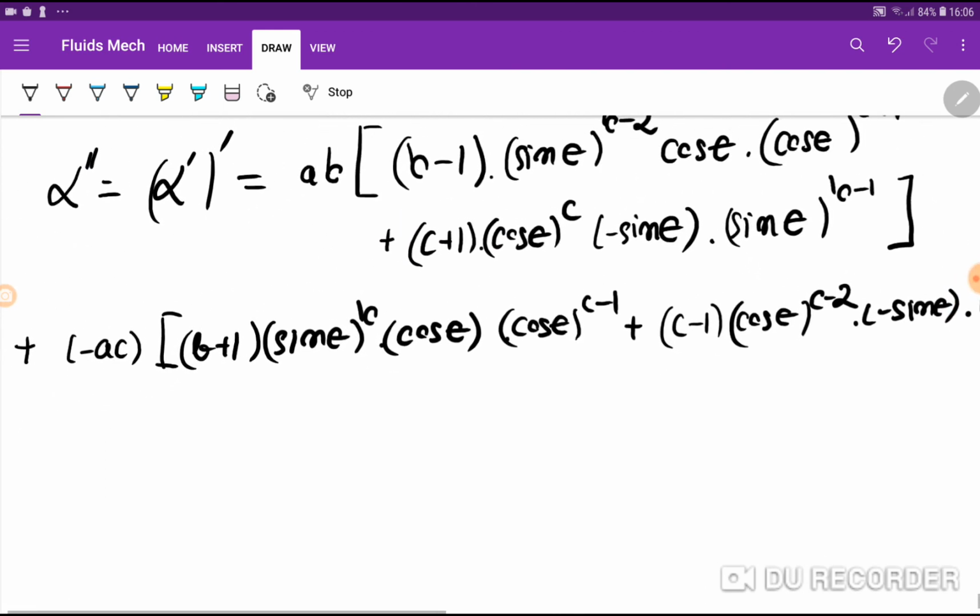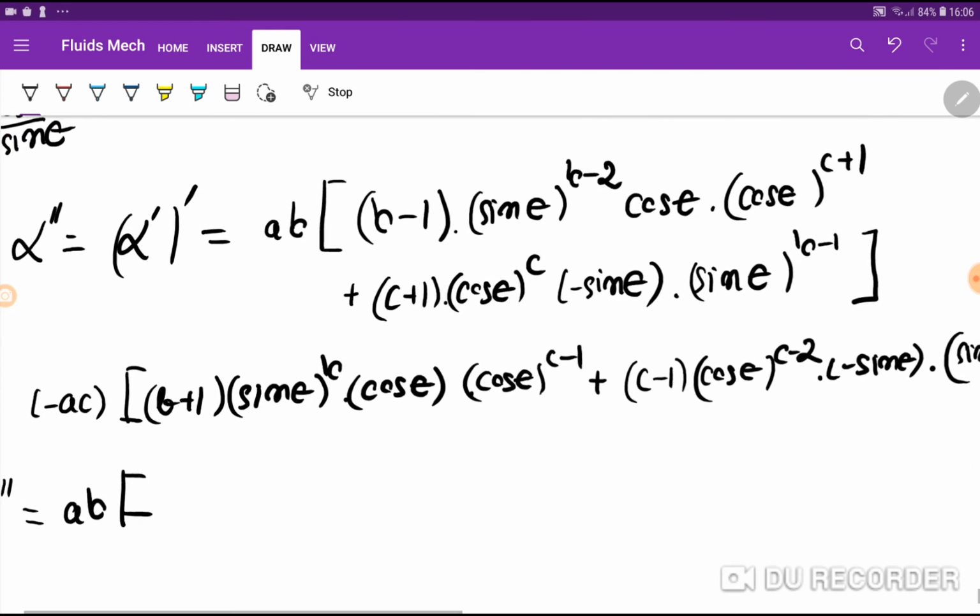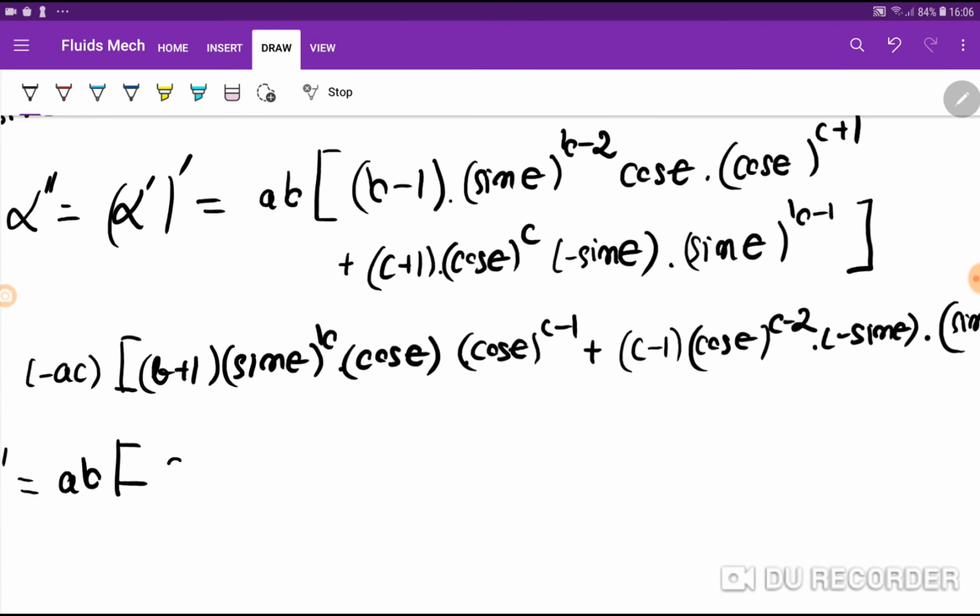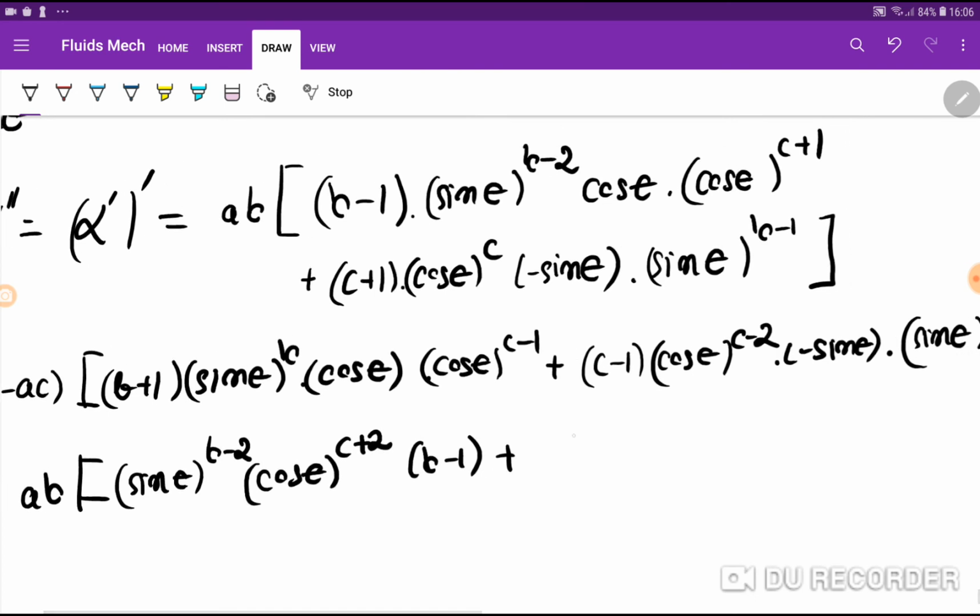Okay, now you simplify it. Let's see what we can simplify. Again, the goal is this: you rewrite the coefficient of sine first, sine phi to the power of b minus 2. And then the coefficient of cosine theta, this is c plus 2, then b minus 1. I'm going to disregard the negative sign for now.